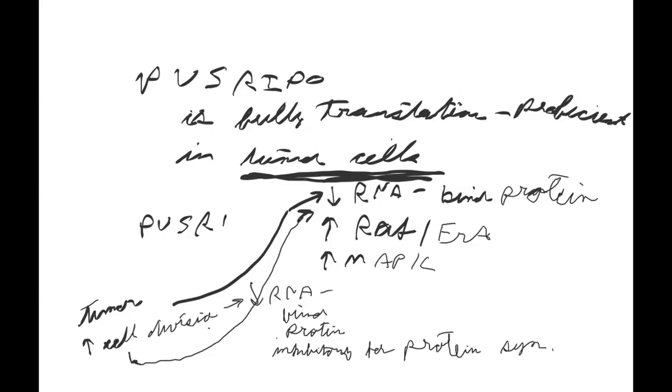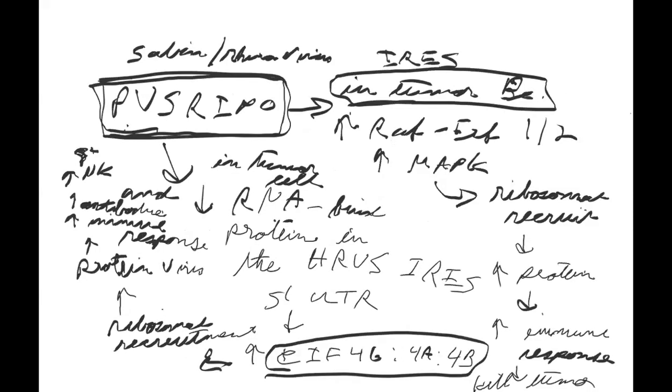All right, now, okay. Now this chimera, the Sabin rhinovirus, this IRES region, this chimera, right, the PVSRIPO in tumors, like I said, you have this increase in RAF, you have an increase in MAPK.